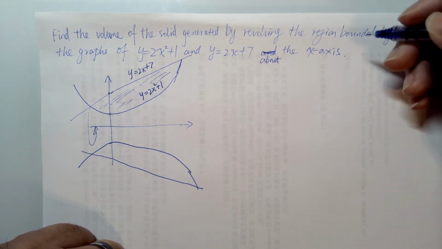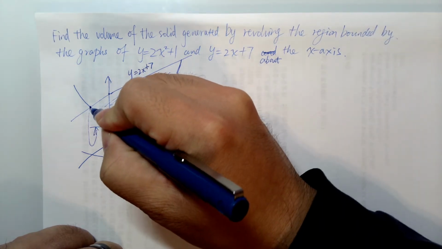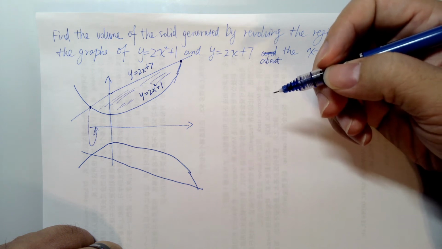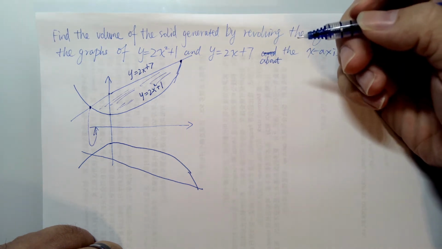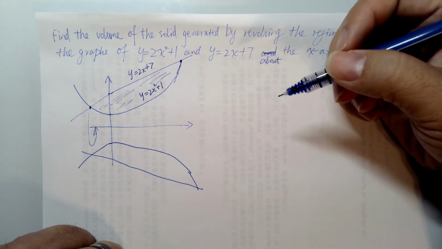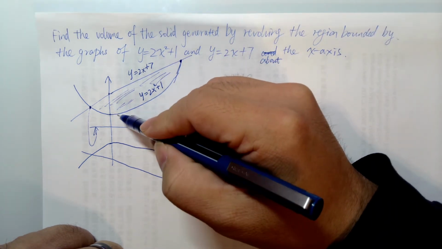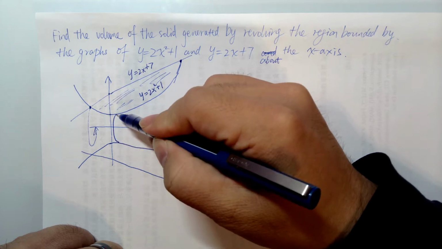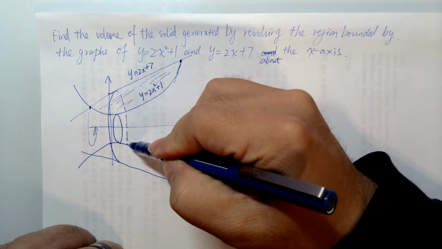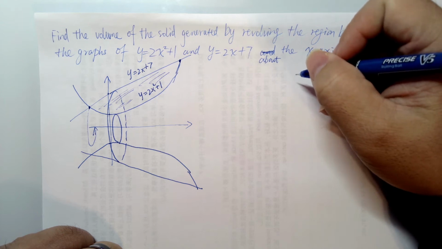So a couple of things we need to pay attention to. First of all, we need to figure out those two intersection points. Why? Because that will help us build the integral limits. Secondly, you can see that in this situation, if we draw one cross section from here, we're going to use the washer method.